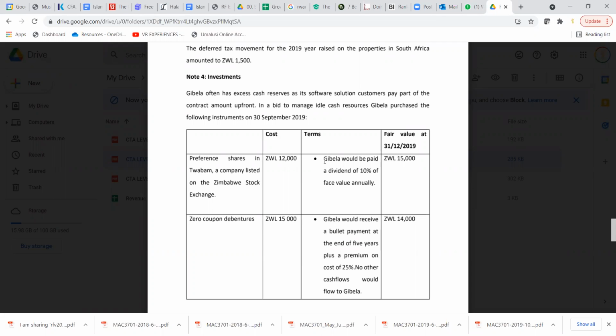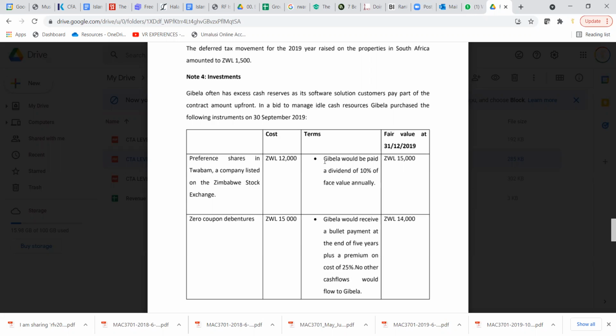So remember, for amortized cost, it must meet two criteria. Number one, it is held in a business model to collect contractual cash flows. And two, the contractual cash flows are solely payments of interest and principal.